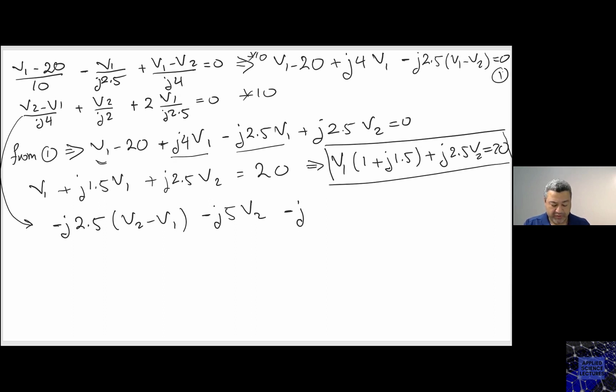So this is going to be 4 times 2, minus j8 v1 equals to 0, right?